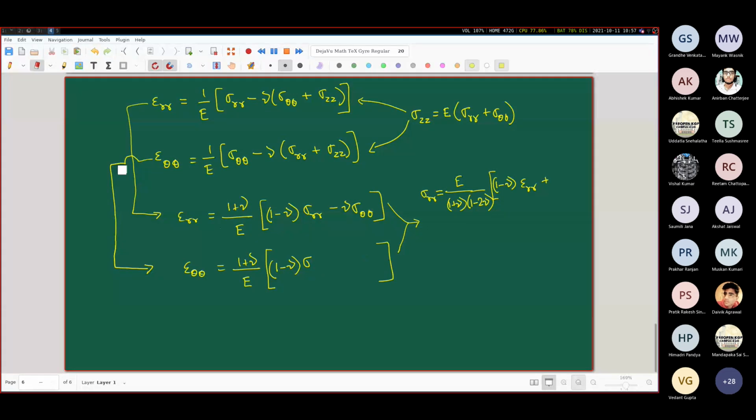Good. Yeah, this should be the thing. So these are the two expressions for sigma rr and sigma theta theta that you obtain.